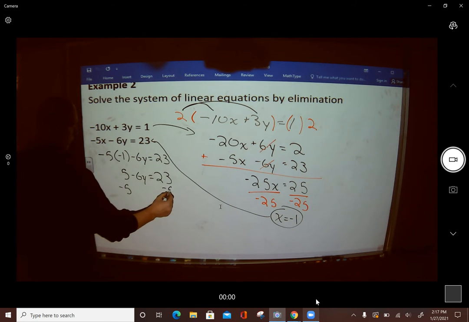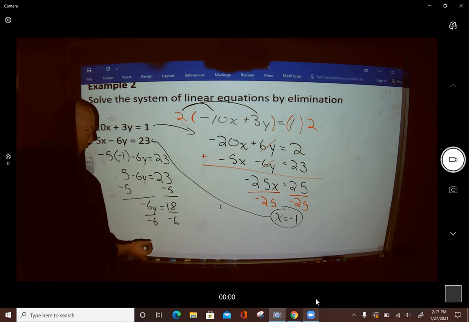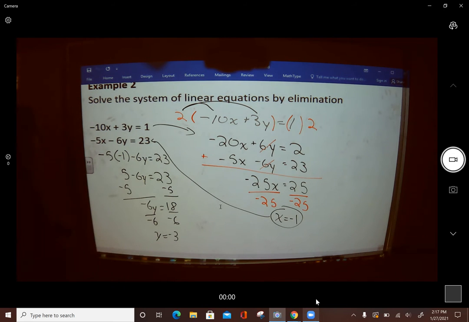Minus 5, minus 5, -6y equals 18. Finish our algebra, divide by 6, y equals -3. So our solution to the system is -1, comma, -3, or the point -1, -3.